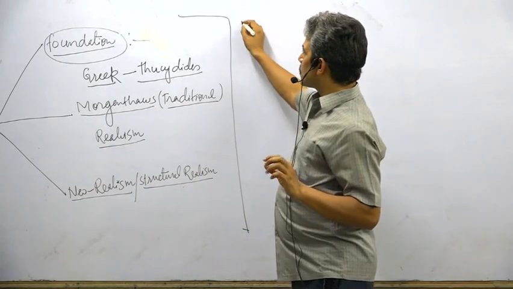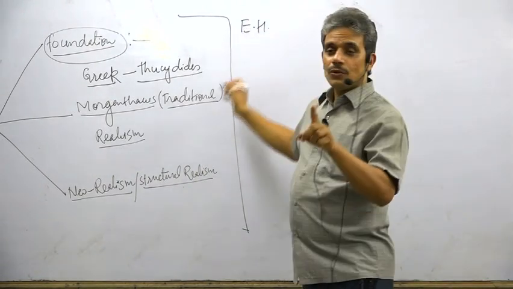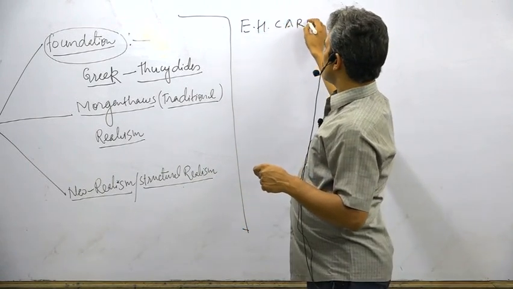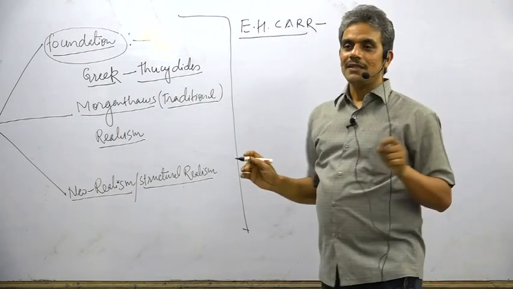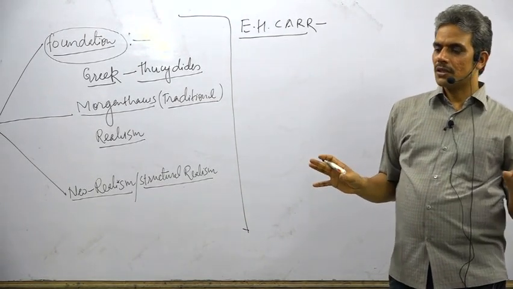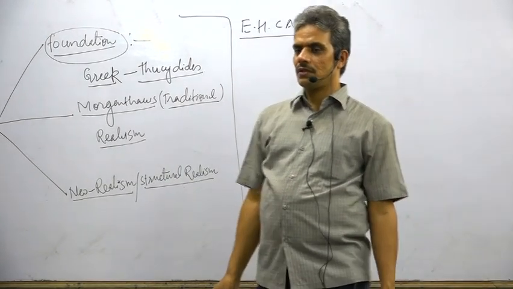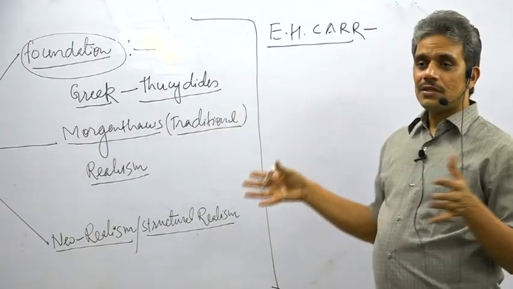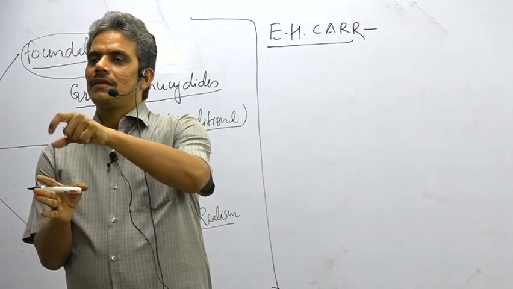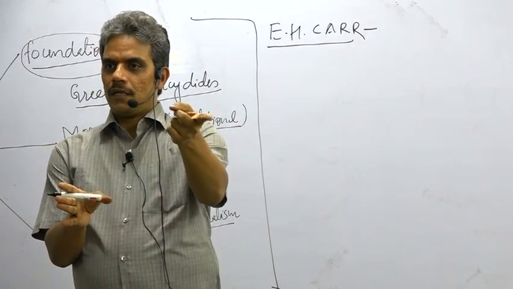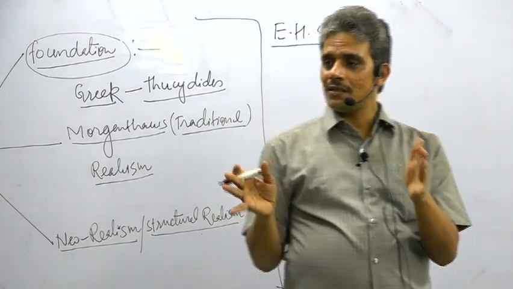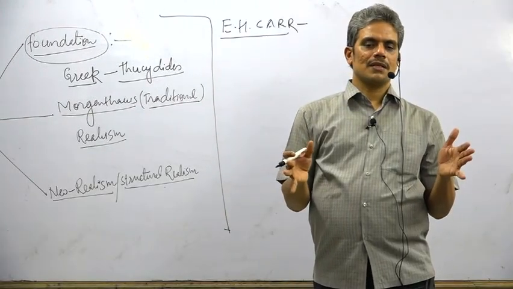And therefore E.H. Carr, a person who wrote after the First World War, wrote a very famous book, The Twenty Years' Crisis. The Twenty Years' Crisis means the crisis between 1919 and 1939, between the First and Second World War.